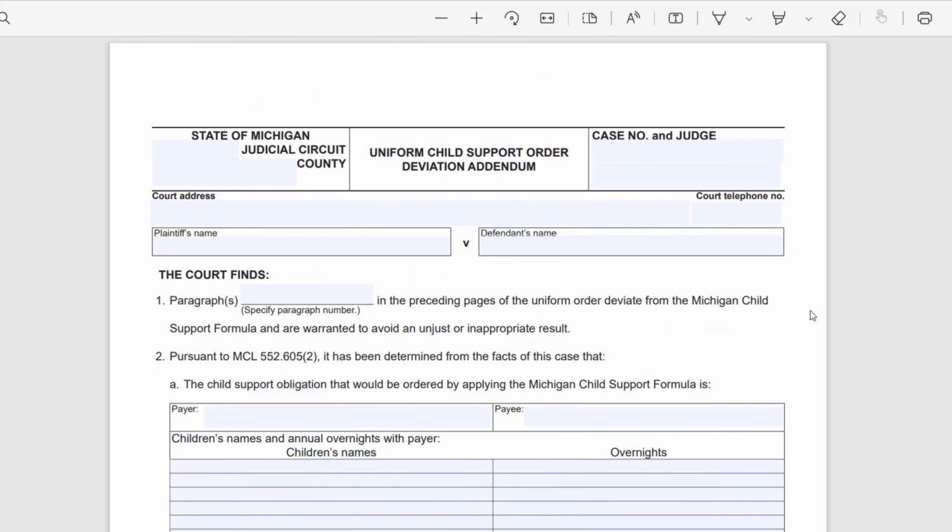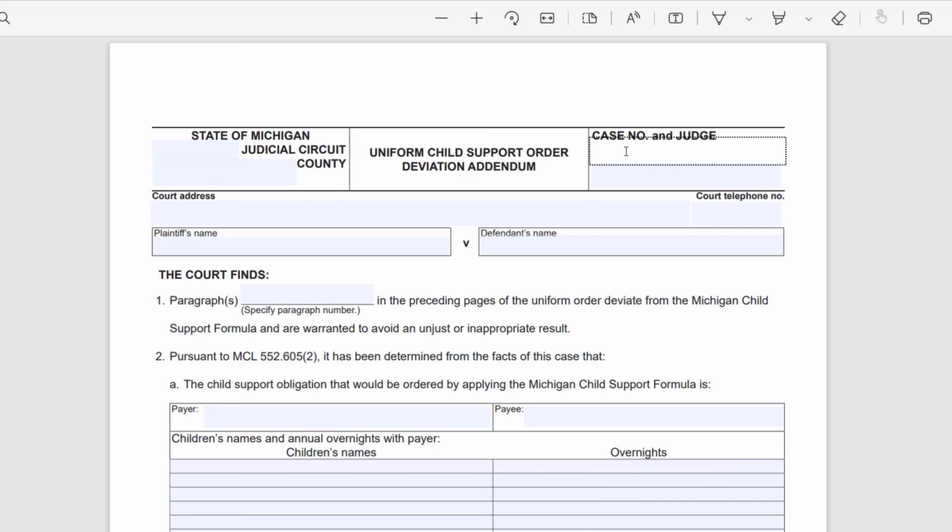Alright, so here is the Uniform Child Support Order Deviation Addendum. You're going to be putting the same information as we did on the Uniform Child Support Order up here at the top. So you're going to have your judicial circuit, which for Genesee County is the 7th Judicial Circuit. You're going to put the county name here, that's Genesee. Over here you're going to put whatever your case number is.